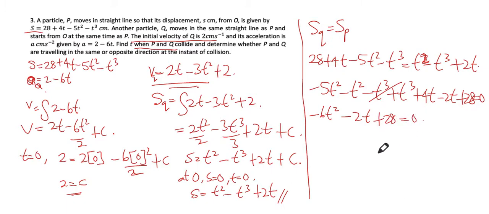equals 0. So if I solve all that and get rid of the negative, it should be 3t squared plus t minus 28 equals 0. Is that right?